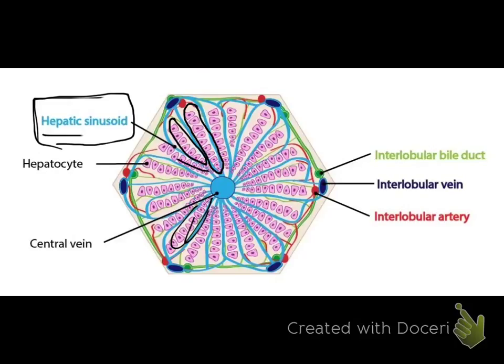The blue lines here are the hepatic sinusoids, and the pink cells here are the hepatocytes. So the hepatic lobule is the functional unit of the hepatic segments, and it constitutes many hepatocytes separated by hepatic sinusoids. So, what is hepatic sinusoid?